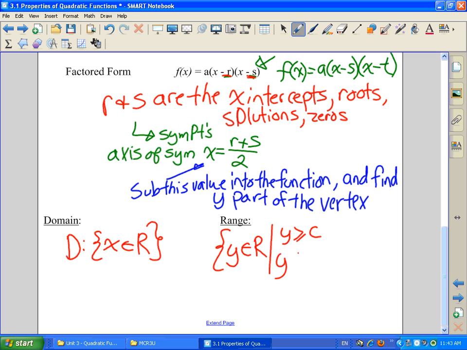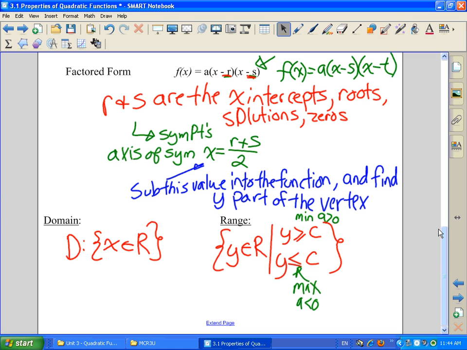It's either going to be greater than or equal to c, and that's when the direction of opening is up, or a is greater than 0, or you can write down a minimum. Whereas down below here, it's got to be less than or equal to if we have a maximum, or it opens down, which means a is less than 0. I'll just put my closing bracket in there.